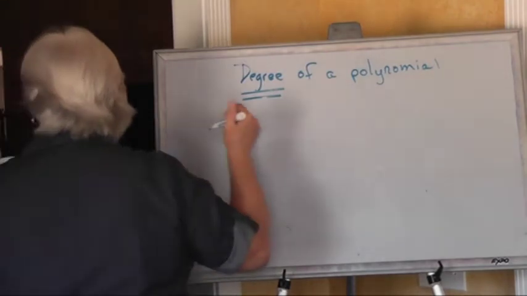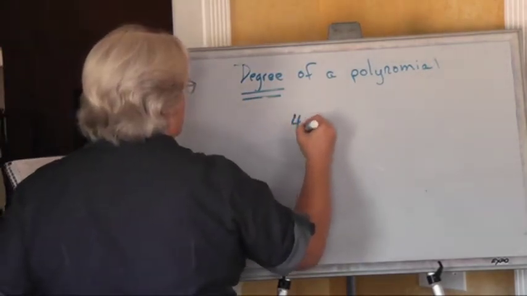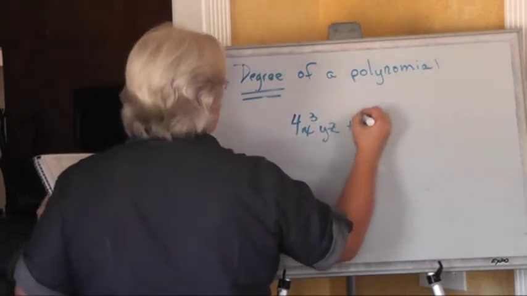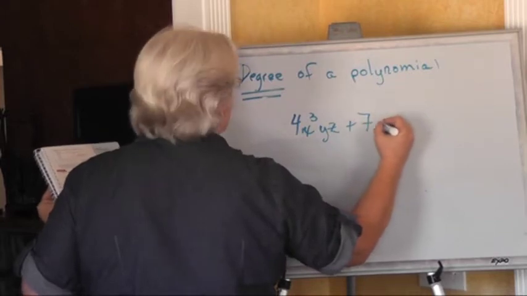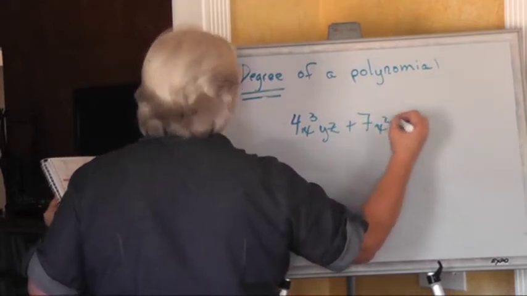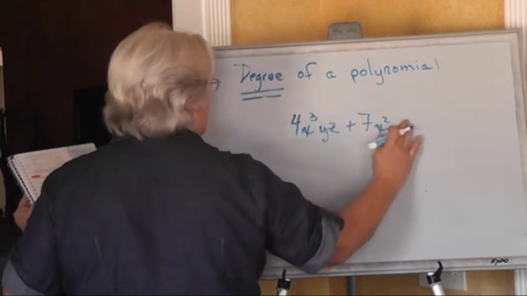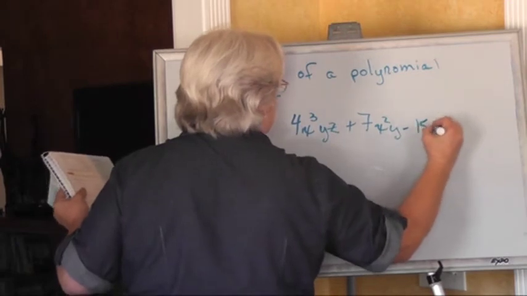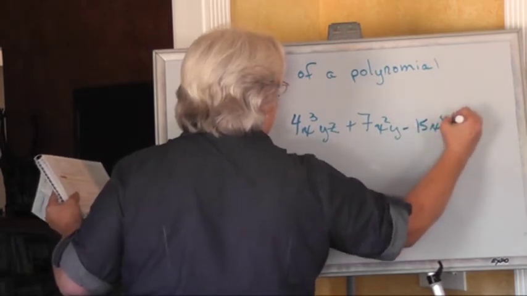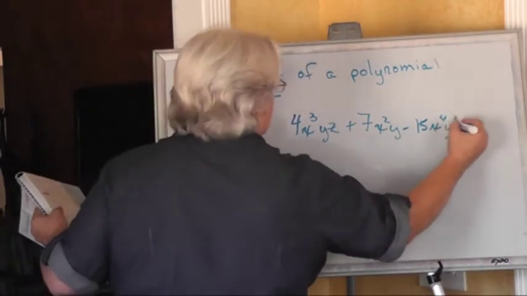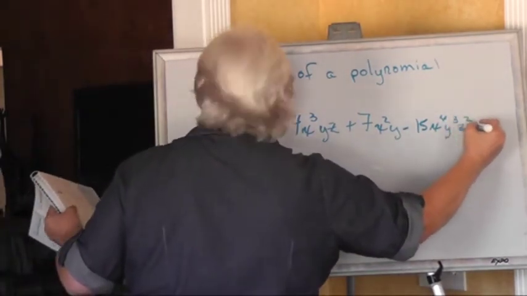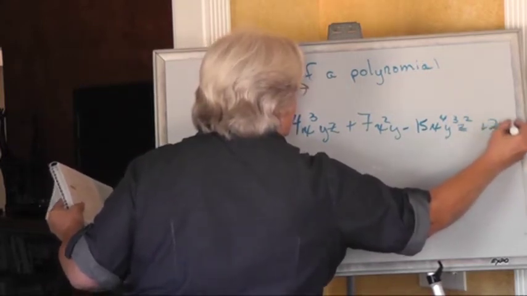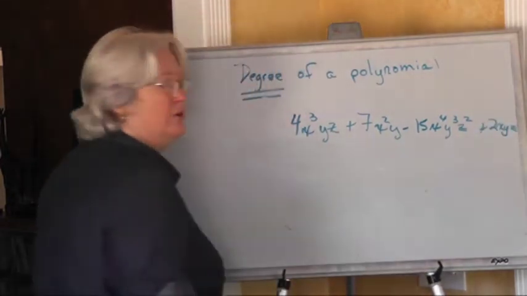Let's find the degree of 4x cubed y z plus 7x squared y minus 15x to the 4th y cubed z squared plus 2xyz. Got a little bit messy there at the end.